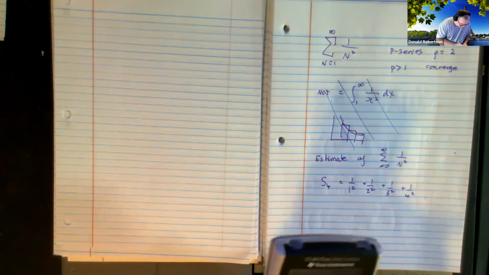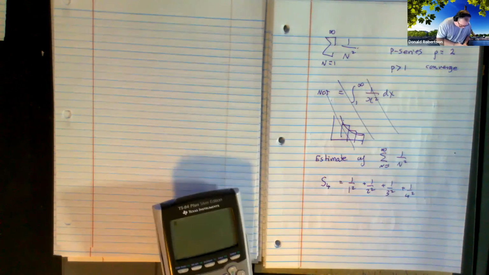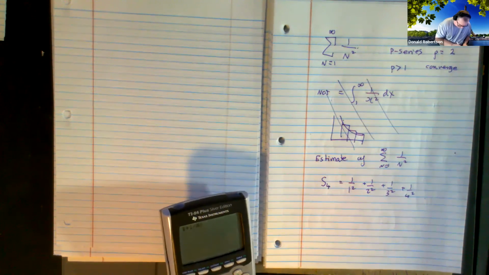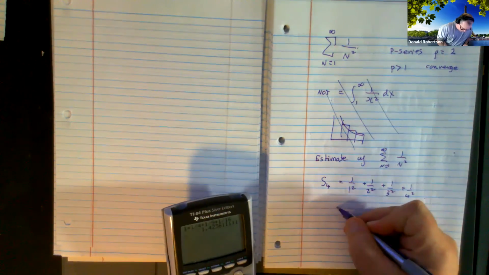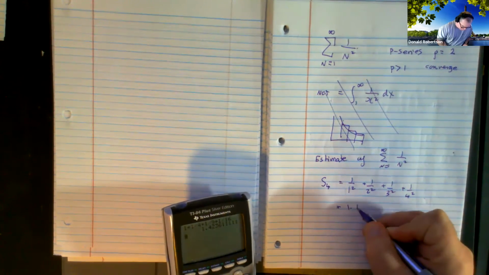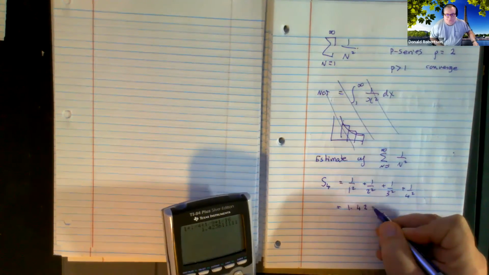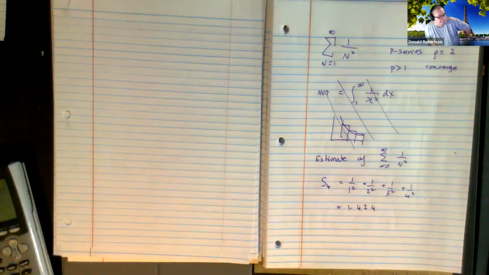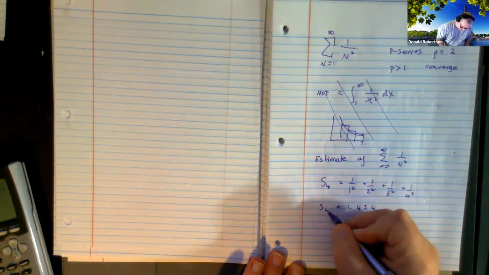And I totally agree, that's not going to be a very accurate estimate, but it's going to be an estimate. And the answer I get is 1.424, right? And that's my estimate.